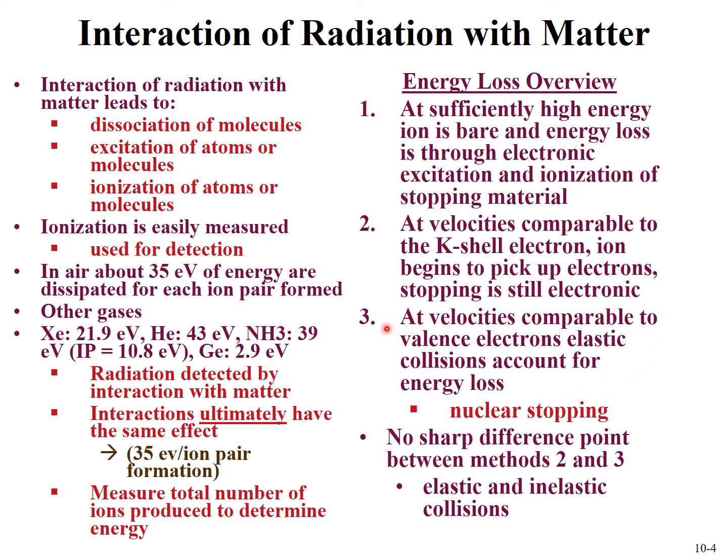They have elastic collisions, and this is going to account for some energy loss, and you go from electronic to nuclear stopping. Now, of these three types of energy loss, there's really no sharp difference between point 2 and point 3. These encounters include both elastic and inelastic collisions.